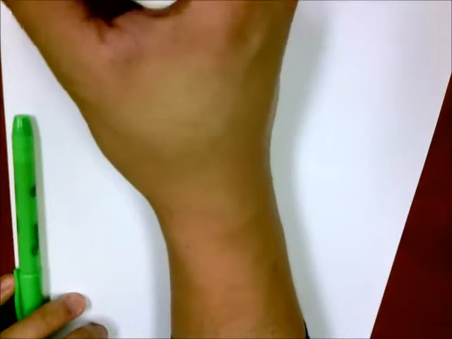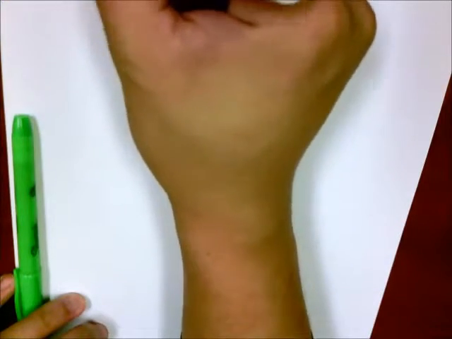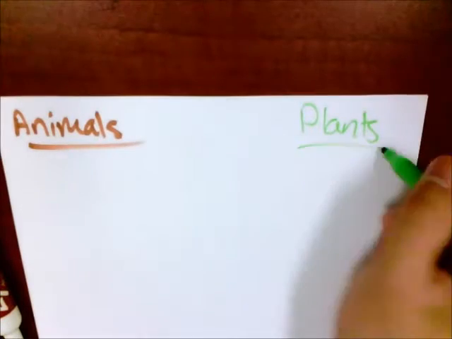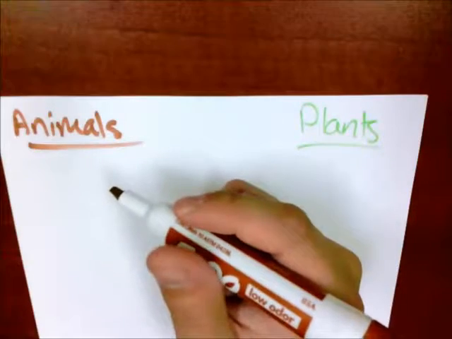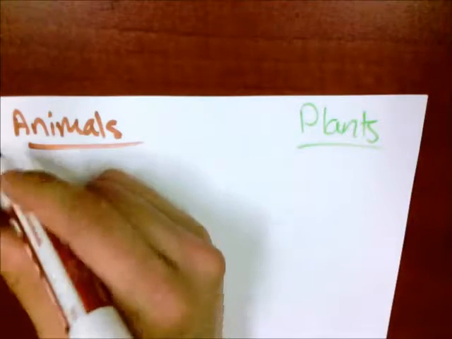So I told you earlier I was going to use green and brown. Brown for animals. So here are animals. And green for plants. So here are plants. Oh, you guys can't see any of that. Okay, there you go. So plants and animals. All right. So with animals, you're going to have small vacuoles.